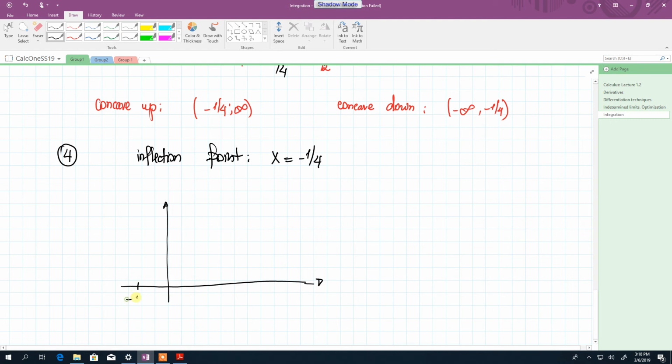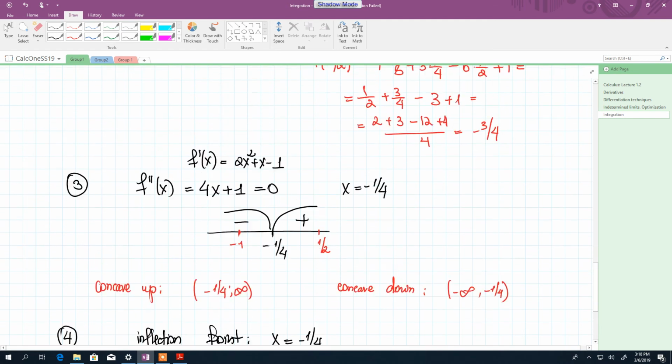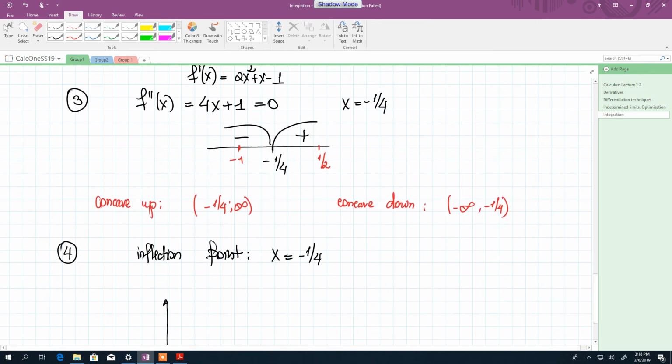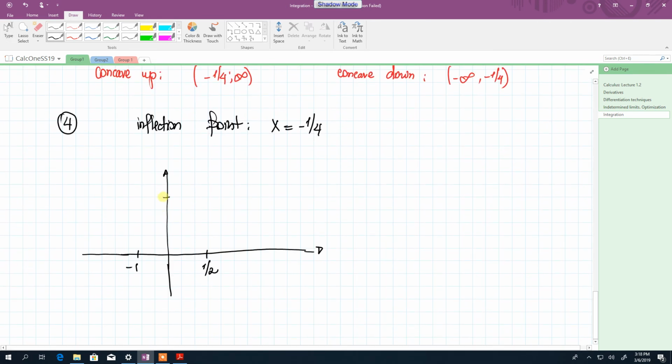Before minus 1, the function is increasing, right? And after minus 1 until 1 over 2, the function is decreasing, right? At minus 1, it reaches 6, right? So let's say 6 is here. Before this, it's increasing, right?